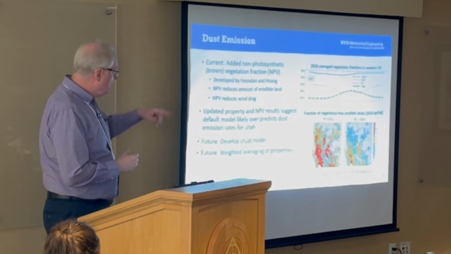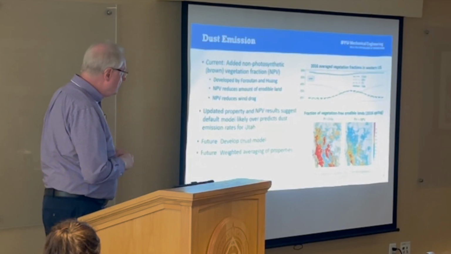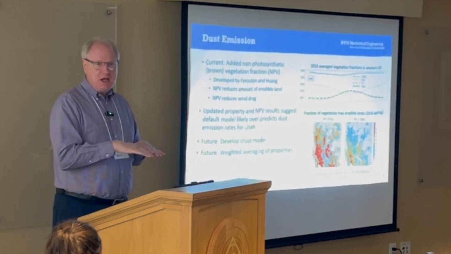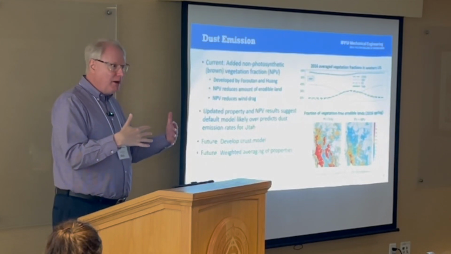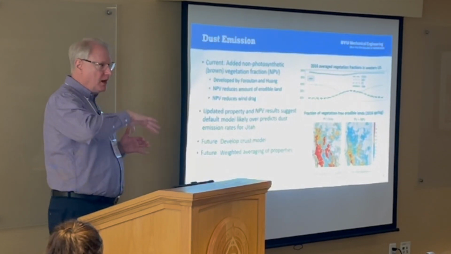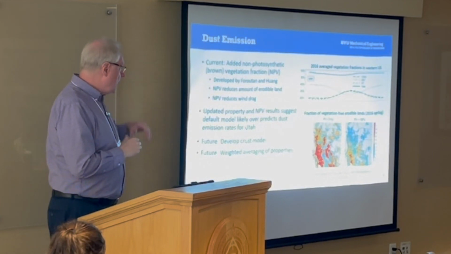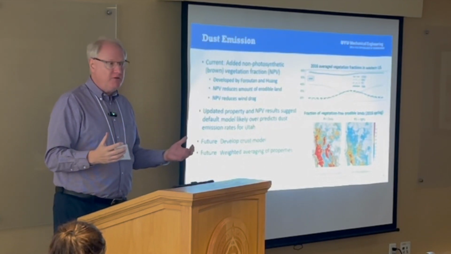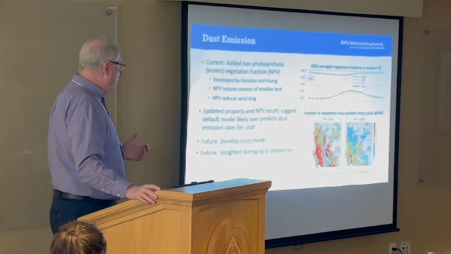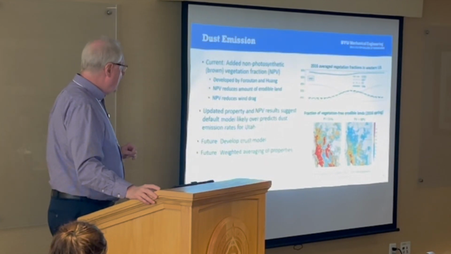This is a chart of January through December. Obviously there is low green vegetation in Utah in wintertime. Then as spring and summer come, we ramp up, there's more of it, and then it decreases again in the fall and winter. The brown line is the brown, non-photosynthetic vegetation, and when we include that, you can see that's a significant amount of coverage.